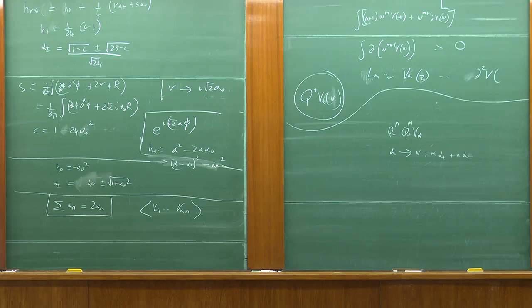A point that is important is the following. V alpha, in the neighborhood of another V alpha, is not by itself single valued.